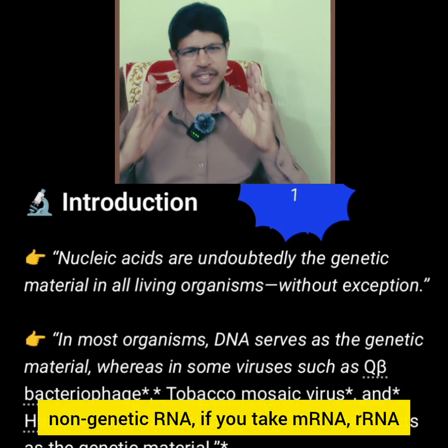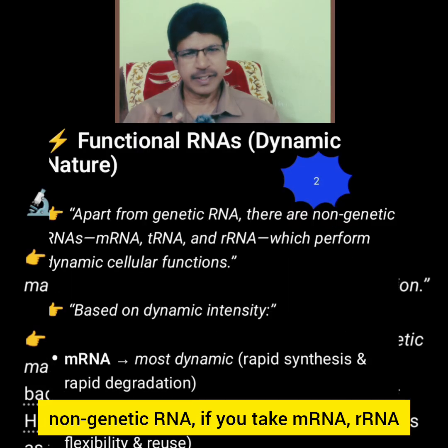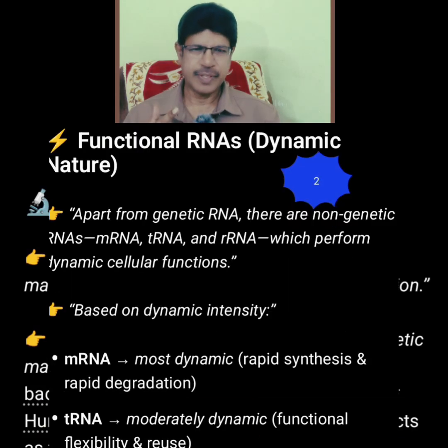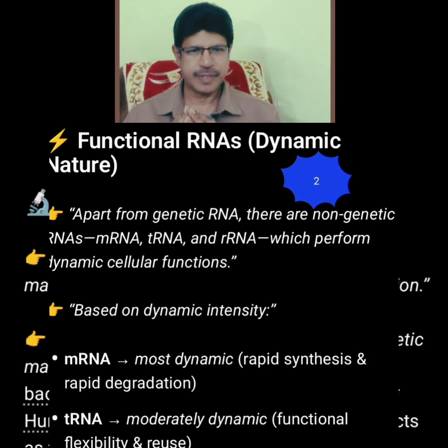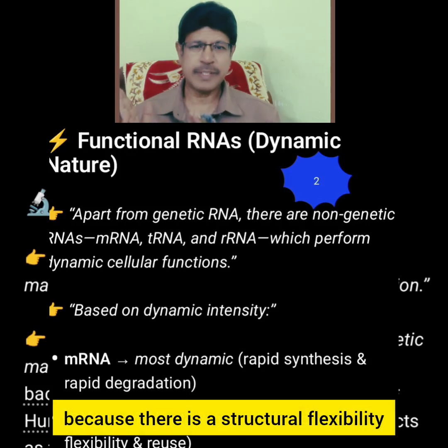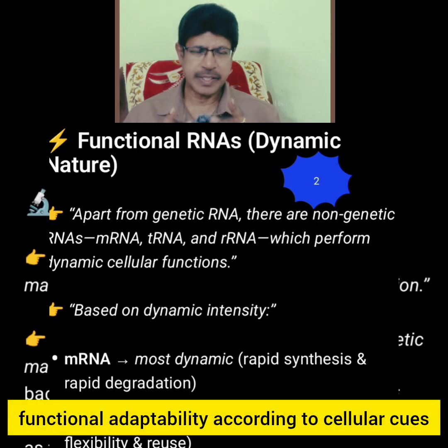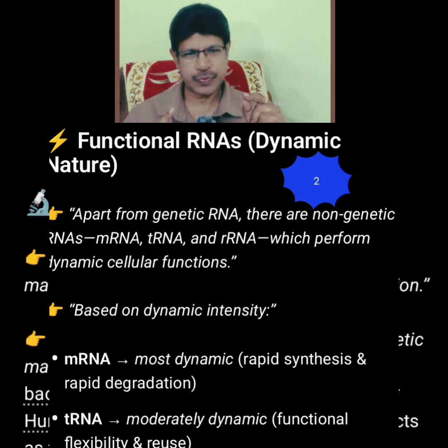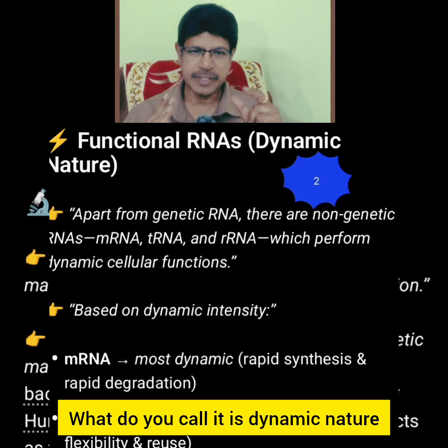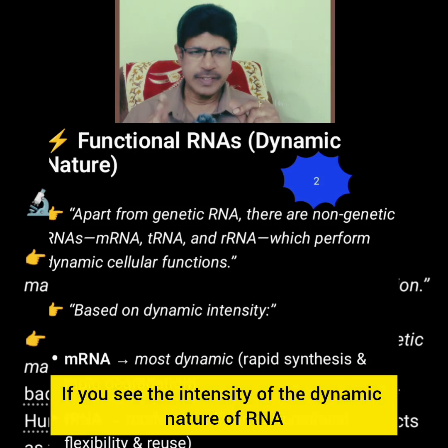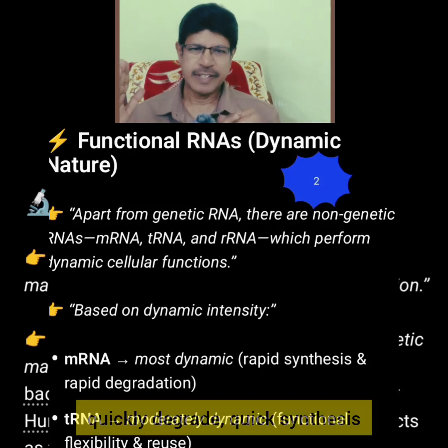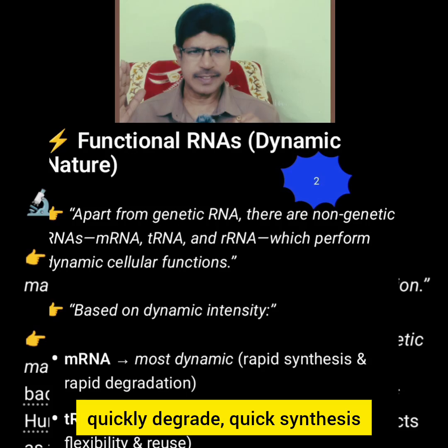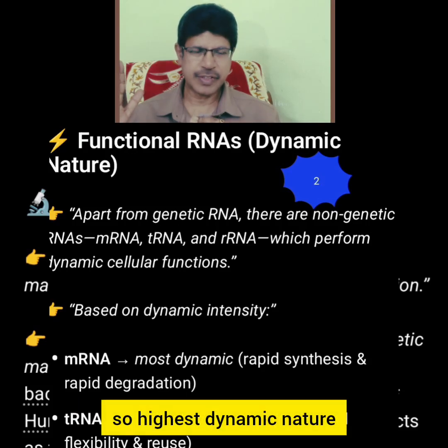Next, non-genetic RNA: mRNA, rRNA, tRNA. The dynamic functions exhibited by this RNA are because of structural flexibility and functional adaptability according to cellular cues. What do you call it? Dynamic nature. If you see the intensity of the dynamic nature of RNA, mRNA has the highest dynamic nature, quickly degraded, quickly synthesized.